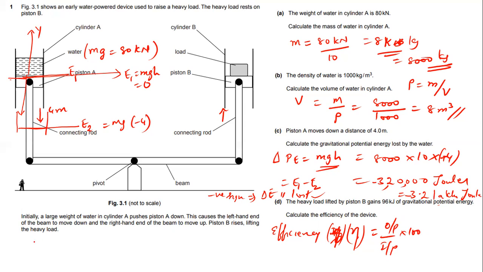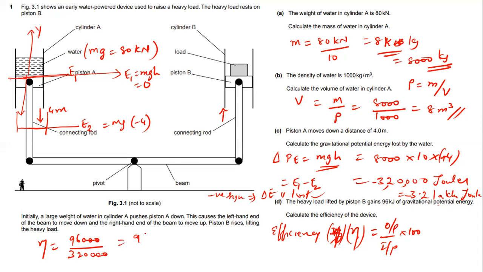So tell me what is the answer? What is output? 96 kilojoules. 96,000 divided by input. 3,20,000. Oh, yeah. Okay, that's the change in potential energy. So therefore, cross these zeros.